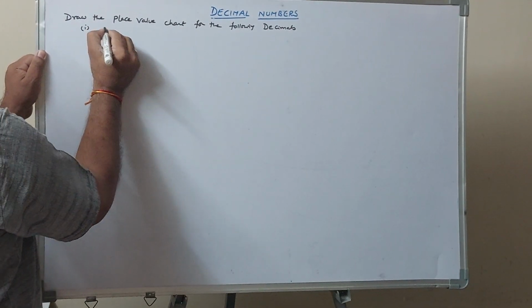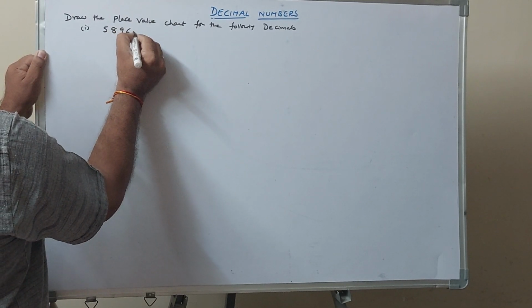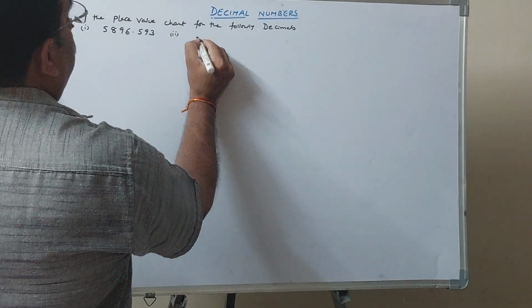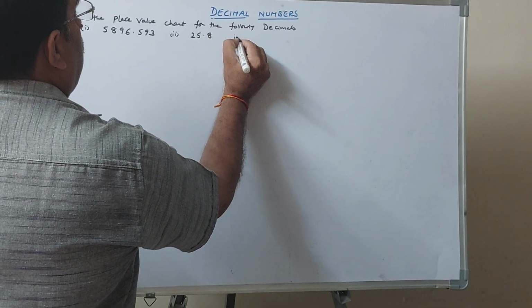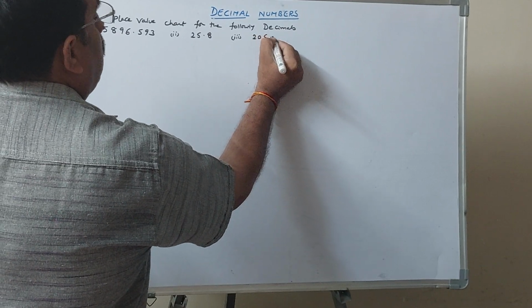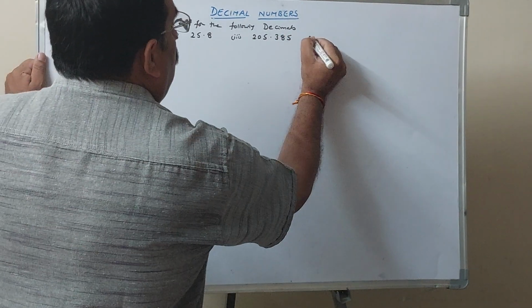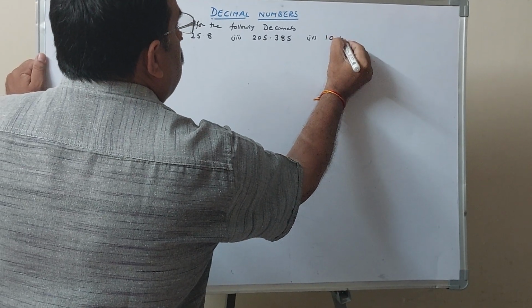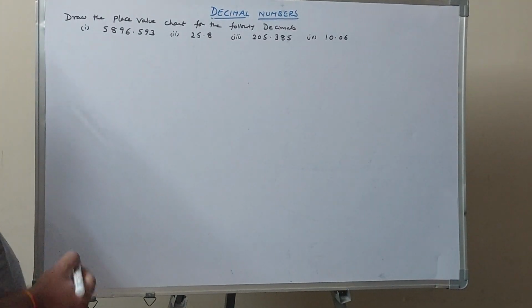First one is 5896.593. Second one is 25.8. Third one is 205.385. Fourth one is 10.06. How to draw the place value chart?